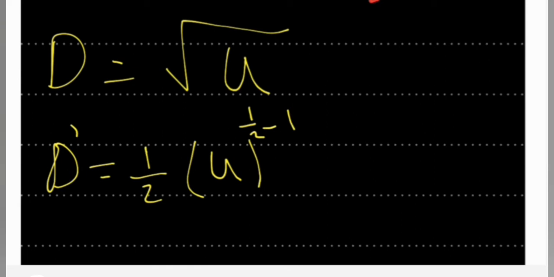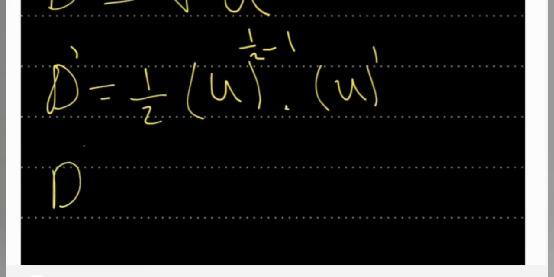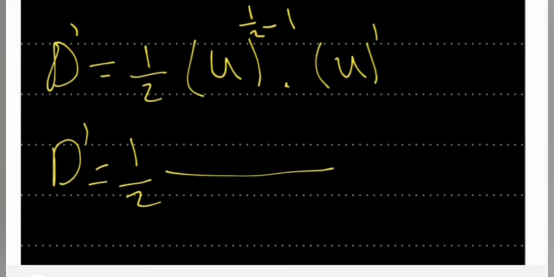Because it is the derivative, multiplied by u prime, the derivative of u. So d prime is equal to 1/2. Now 1/2 minus 1 is minus 1/2, so it would be dividing downwards, okay? And what is u? U was r squared minus r plus 1 to the half.